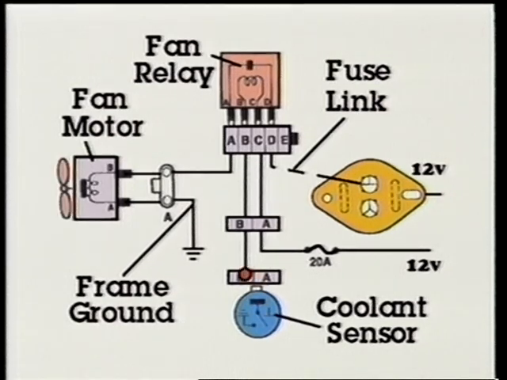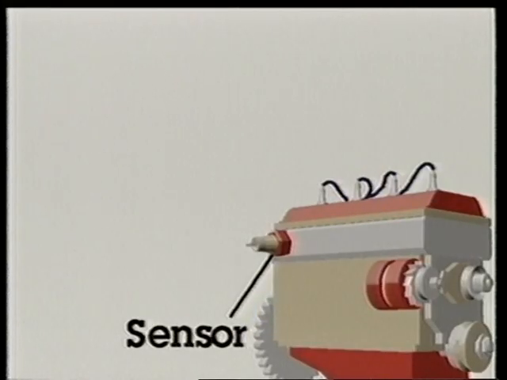Use a wiring diagram for the exact make and model of car to analyze why an electric fan circuit is not functioning normally. For example, to test the coolant temperature sensor or fan switch, measure its temperature with a digital pyrometer while also checking its internal resistance with an ohm meter.